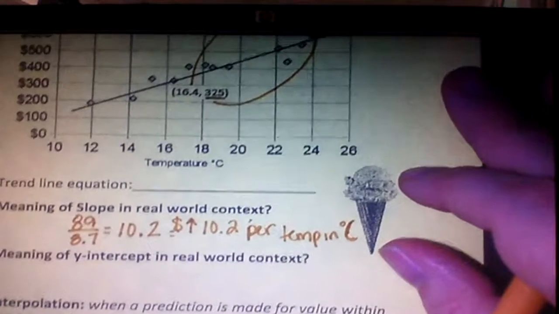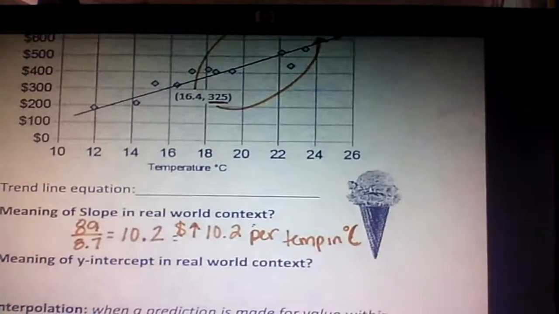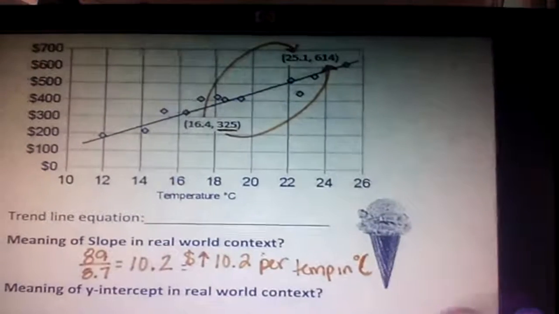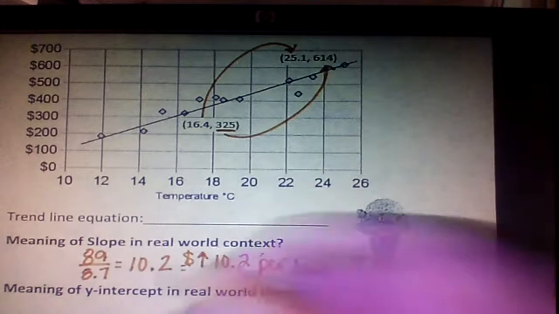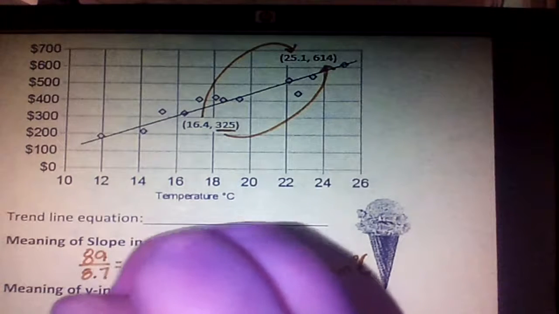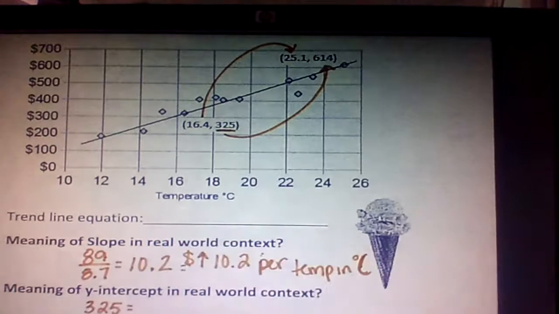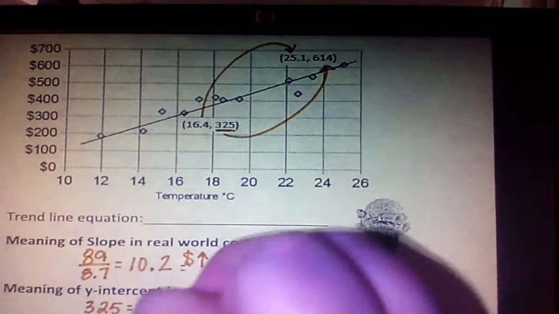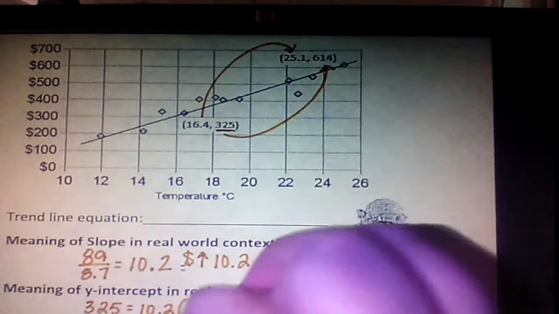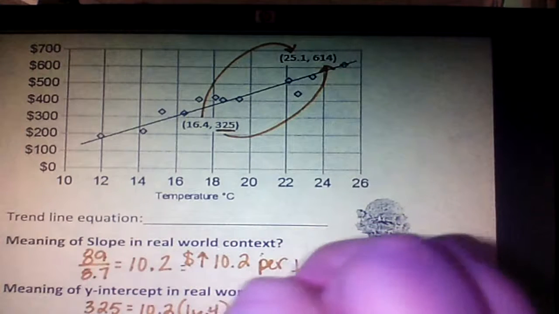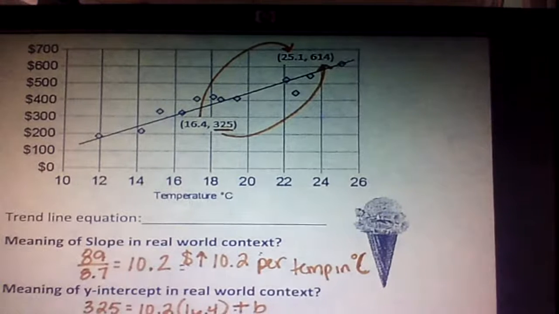Okay, my y-intercept. Well, I've got to find that first. All right, here we go. So pick either one of the points. Which one do you want to use? Okay, so that means y is 325. We know my slope is now 10.2, and we know x is 16.4. Okay. So now I need to solve that for my y-intercept.